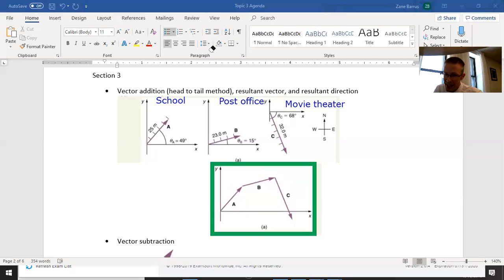So at the end of my day, my total displacement is just drawn from where I started to where I ended up. I'm going to do that using this green arrow right here. Okay? So if you look at the bottom illustration, I've just drawn a green arrow representing my total displacement. Okay? So displacement is from start to finish. All right?